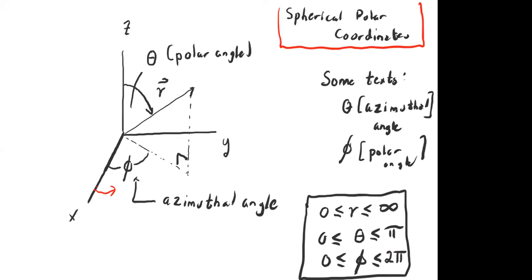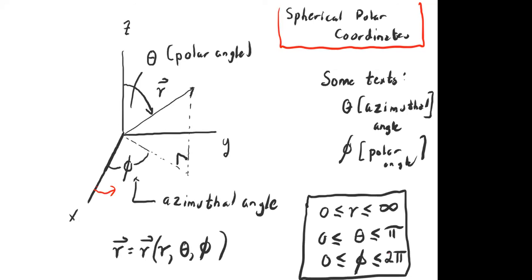So those are the fundamental bounds or limits of r, theta, and phi in spherical polar coordinates. And my position vector is going to be a function of all three of those variables.